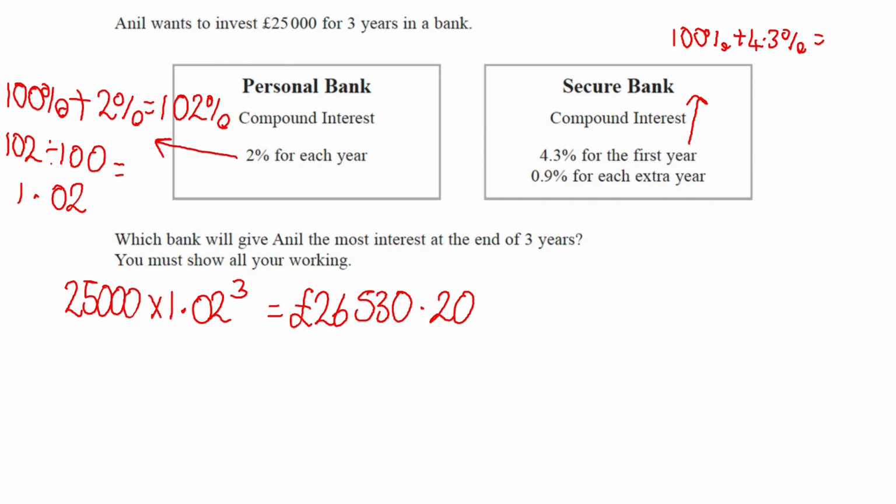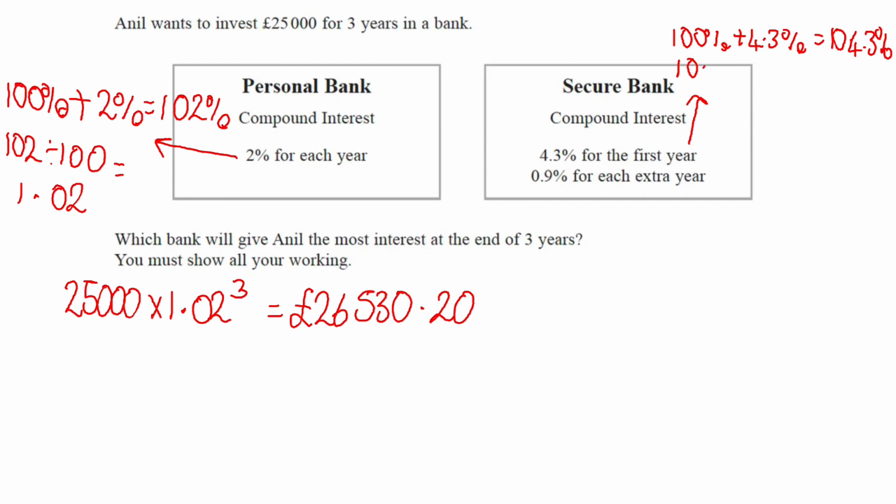That will give us 104.3%. Now please don't let it confuse you that it's already a decimal, because you can have a percentage that is a decimal. Now to work out the multiplier, we divide by 100.